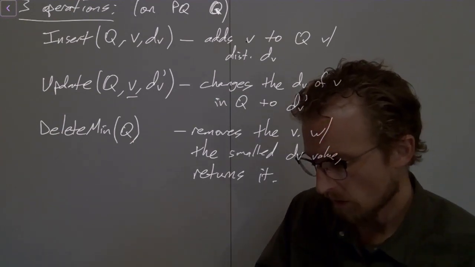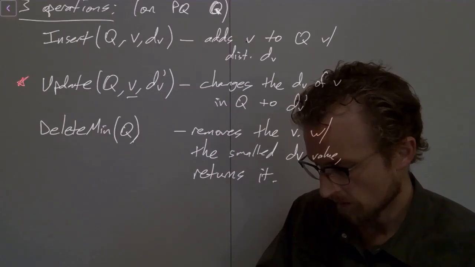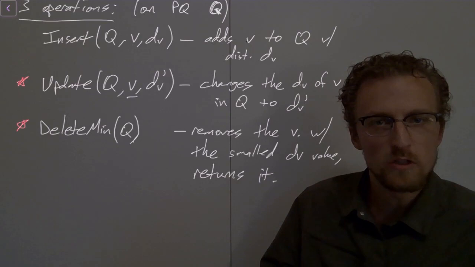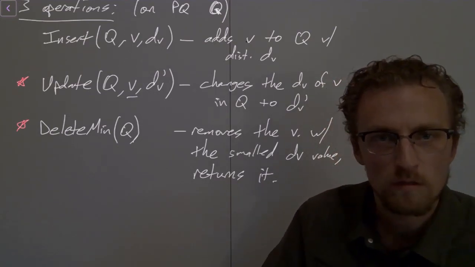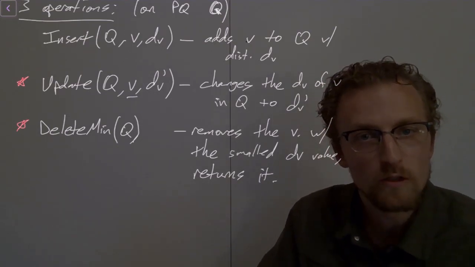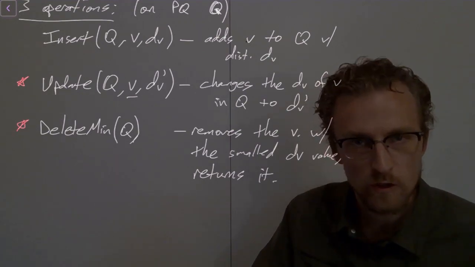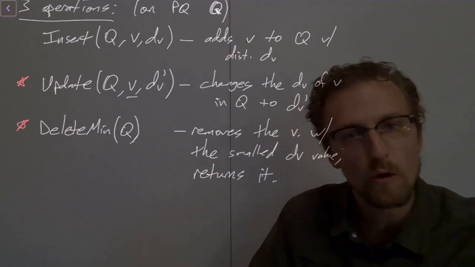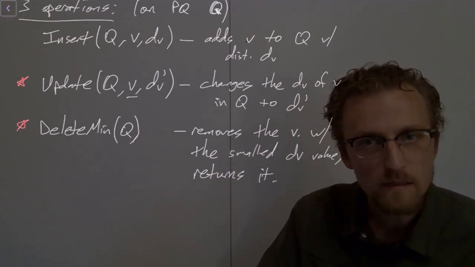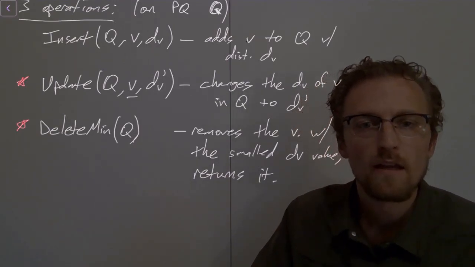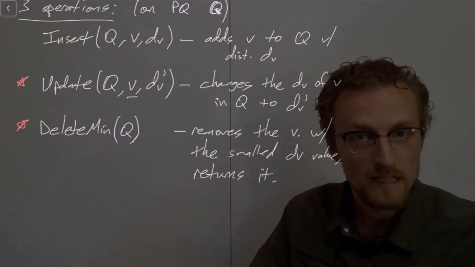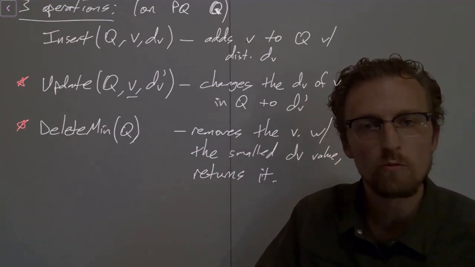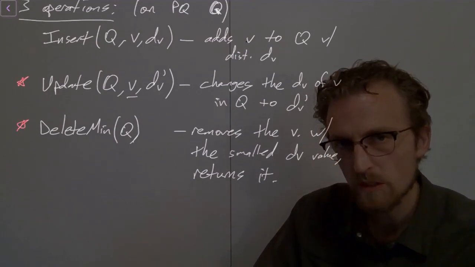I'm mostly going to focus on update and delete min, because those are the ones we'll be doing a lot throughout the algorithm. Update we'll do any time we add a node to our tree: we go update all of that node's neighbors' potentially minimum weights. And delete min we'll use to decide which node to add to the tree. So these two will be used repeatedly throughout our algorithm. We'll do those details in a minute.